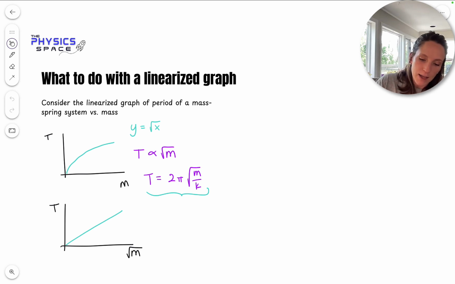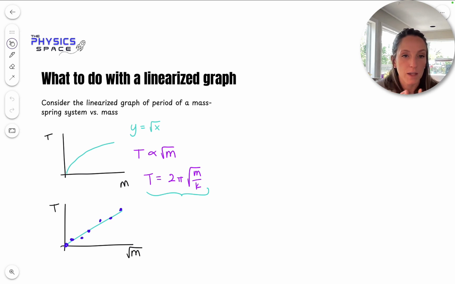So if I consider finding the slope of this graph, let's say I have a few data points and I've drawn, making sure it seems like a linear relationship here, my trend line.